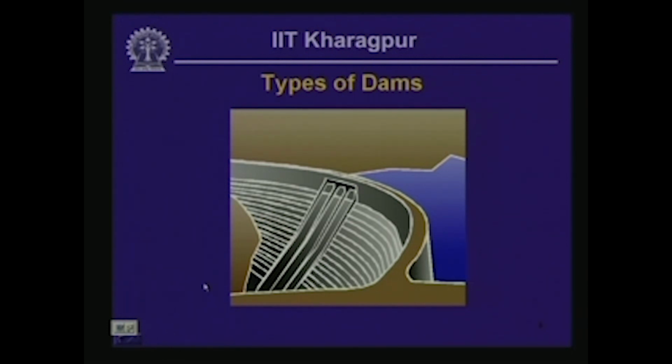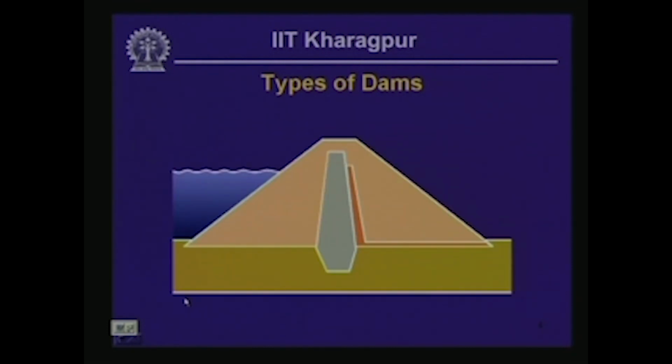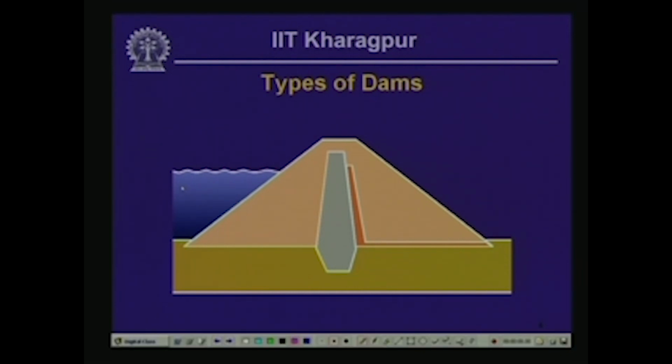Then let us go to another class of dam. This type of dam is called an earth embankment or a rock fill dam. So basically it is an embankment, a multi-zone embankment here, and in this case we have got water retained on the left, and this is our dam body.